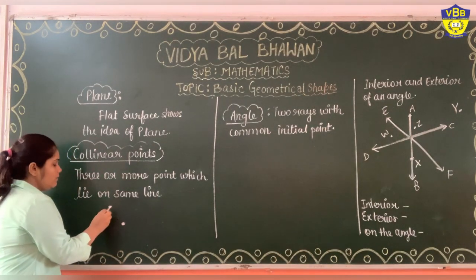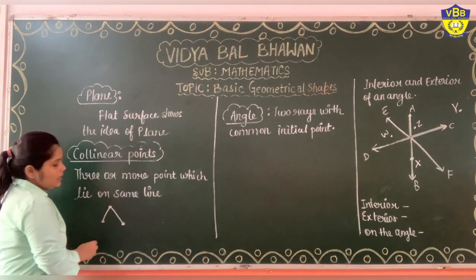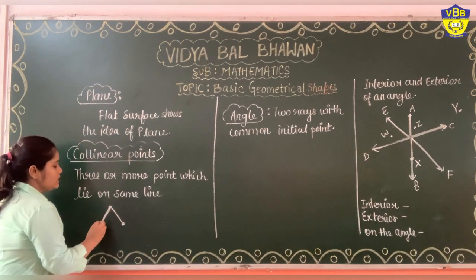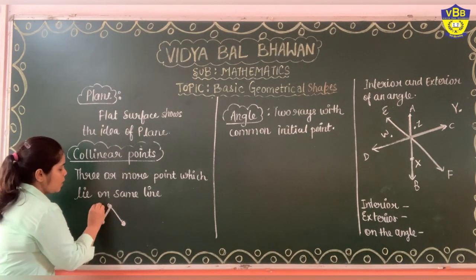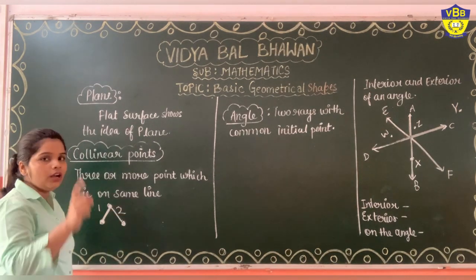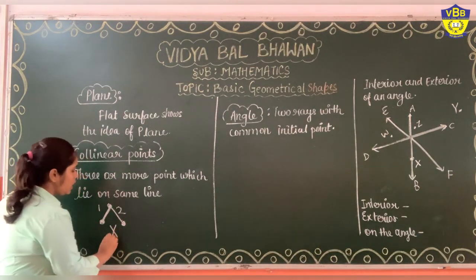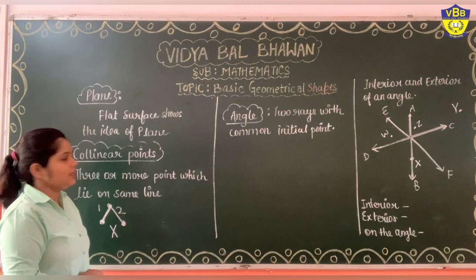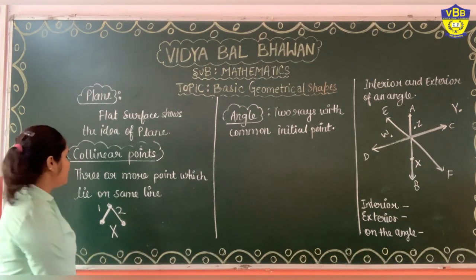No. One line will be here, one line can be drawn here. Then you can say that we have joined these 3 points with the help of 2 lines, not with a single line. So these are not collinear points.